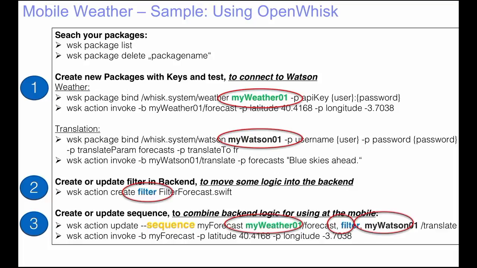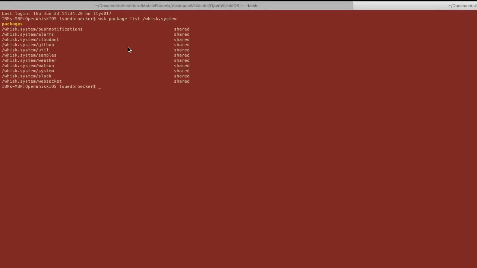And this is what is called by the code you have seen before. Now take a look how the command line works. Here you see a list of the packages which are available in the system of Whisk, and the Watson and the weather service are used inside the weather sample of the mobile app.